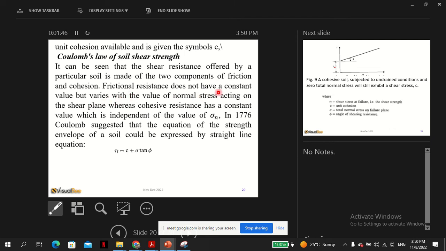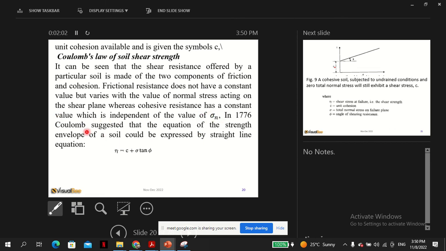Frictional resistance does not have a constant value but varies with the value of the normal force acting on the shear plane, whereas cohesive resistance has a constant value which is independent of the value of sigma n.